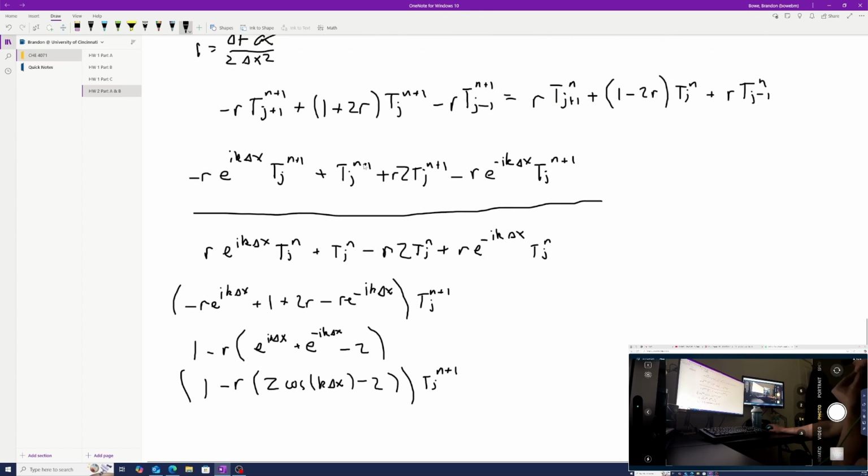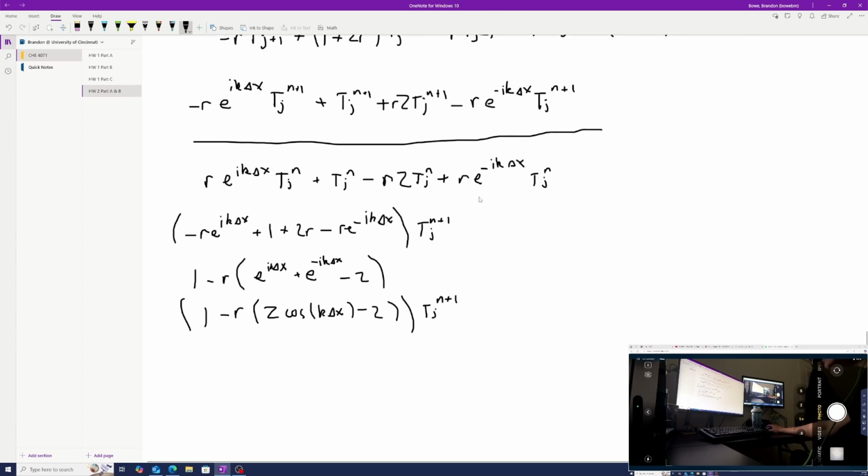So we'll do the same thing for this bottom equation right here, which is just our tjn's. So that will look something like this, as we'll pull out our tjn's, and we will have r e to the i k delta x plus 1 minus r times 2 plus r e to the negative i k delta x.